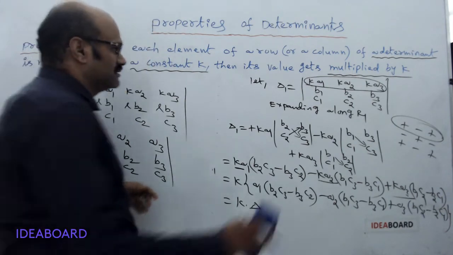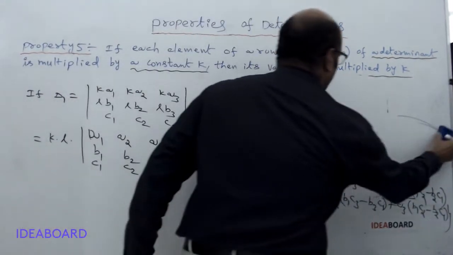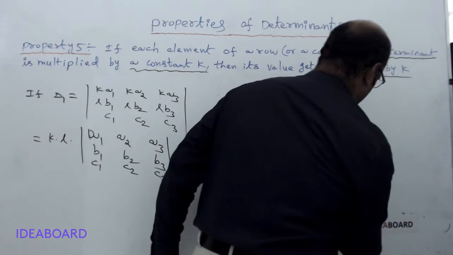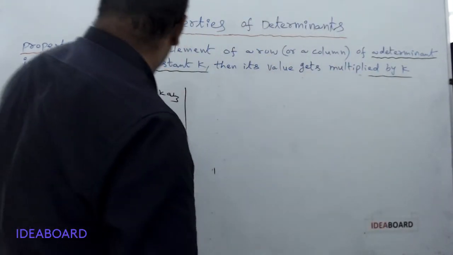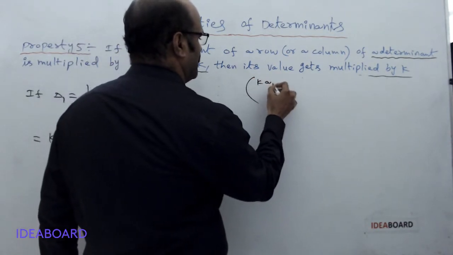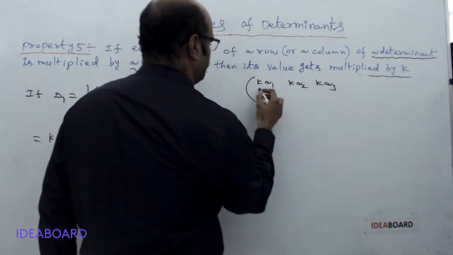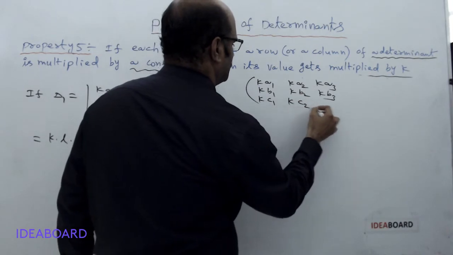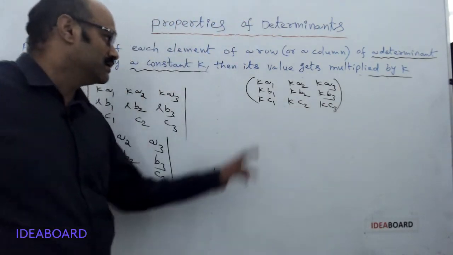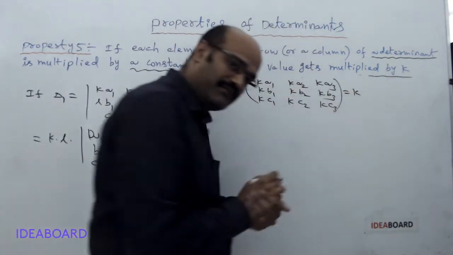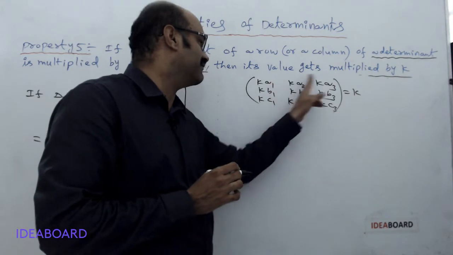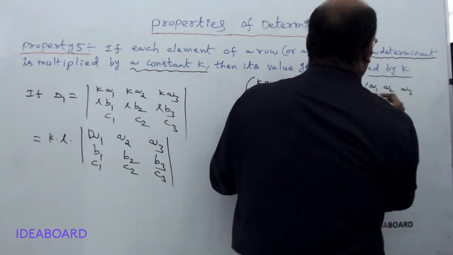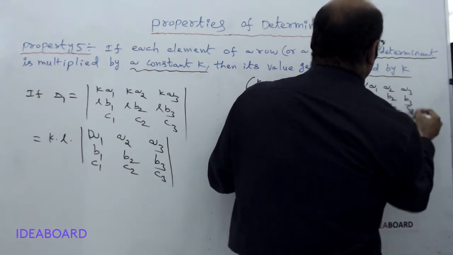Similarly, if you have a matrix ka1, ka2, ka3, kb1, kb2, kb3, kc1, kc2, kc3, it's equal to k times of the matrix here. k is multiplied to each and every element of the matrix, k times of a1, a2, a3, b1, b2, b3, c1, c2, c3.